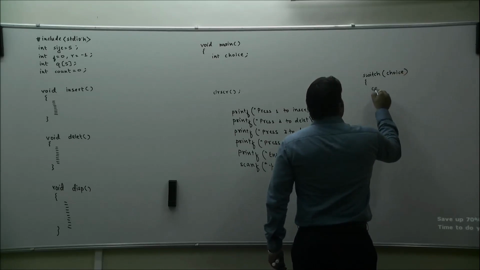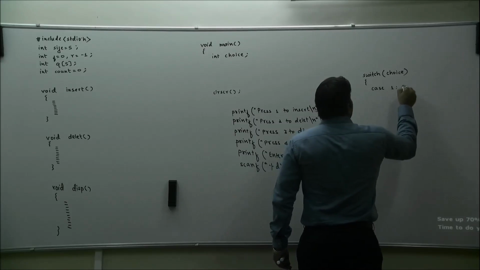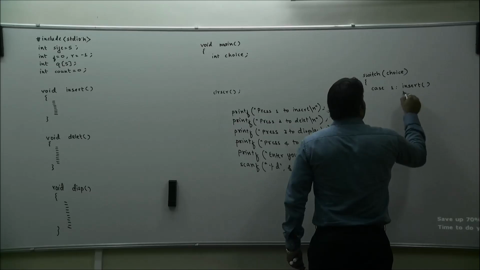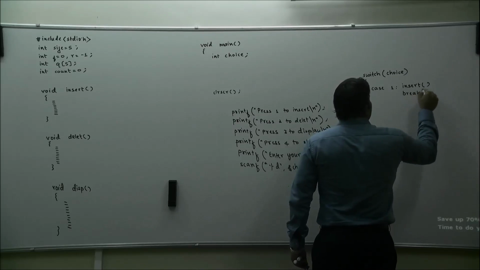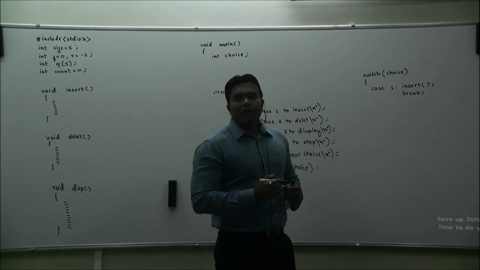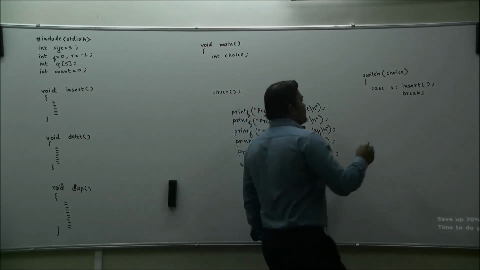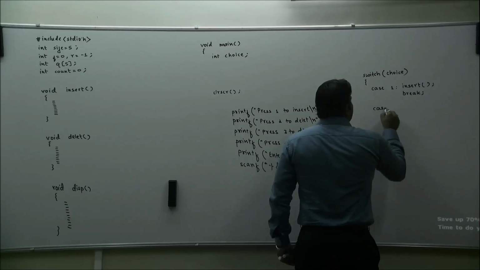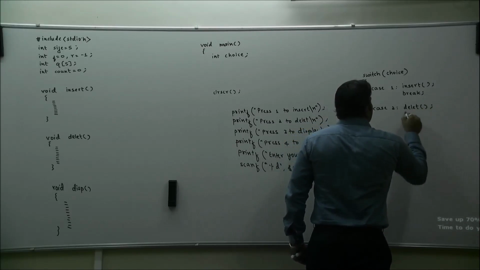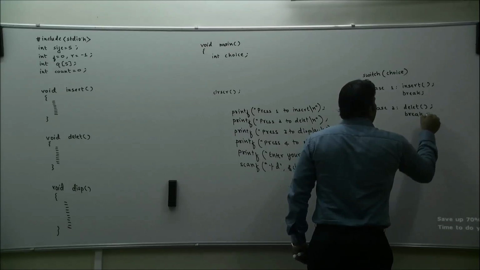In case the choice is 1, then I have to call the insert function, after which I will have to break. All that break story I have told you, if you will not break, what would happen and all that. Similarly, in case the choice is 2, then I will call the delete function and then break.